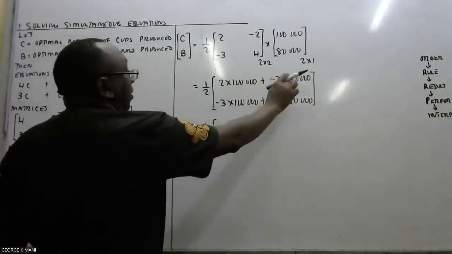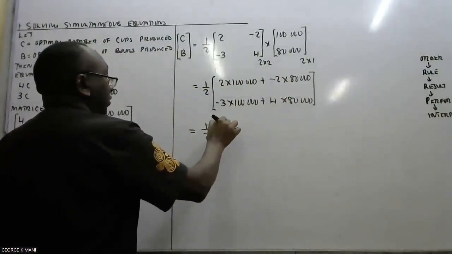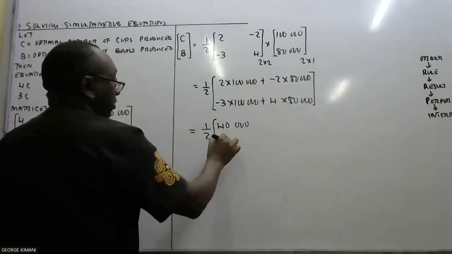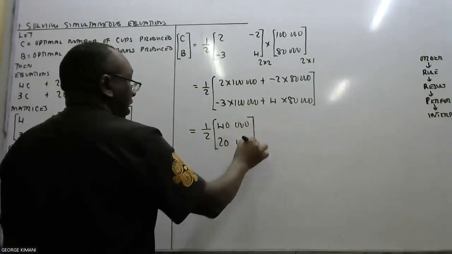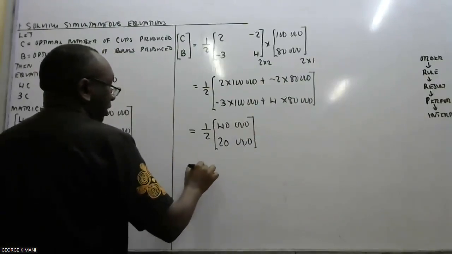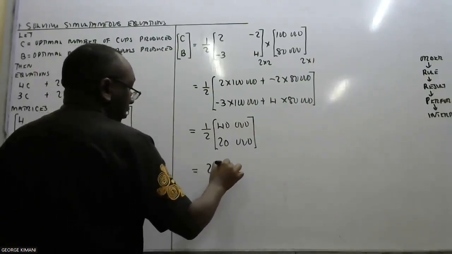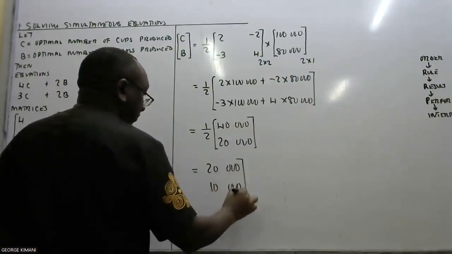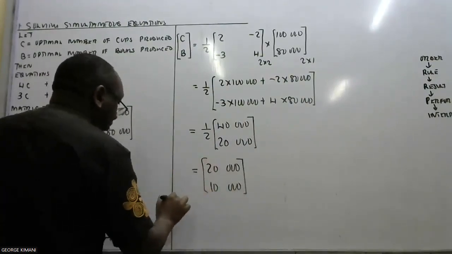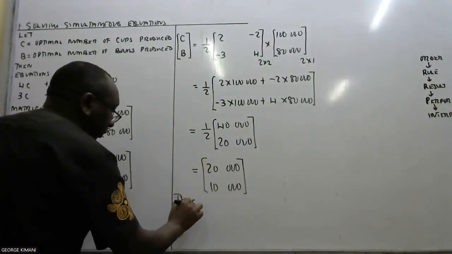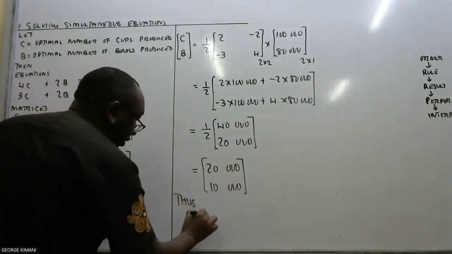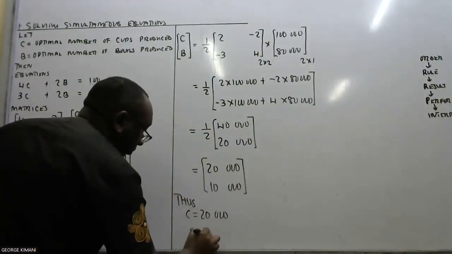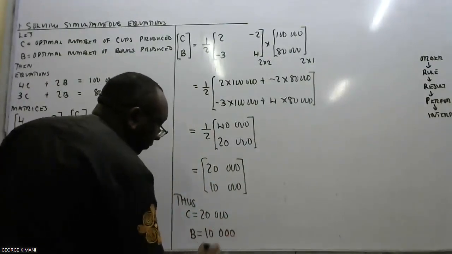This is 200, 160, so that gives us 40,000. This is 300, 320, that gives us 20,000. And this leaves us with 20,000 and 10,000 here. So thus, my C will be 20,000 and my B will be 10,000.